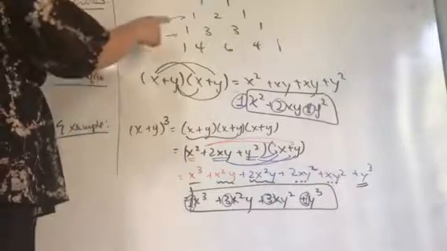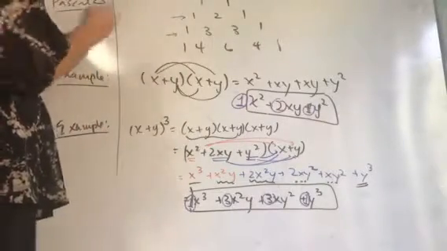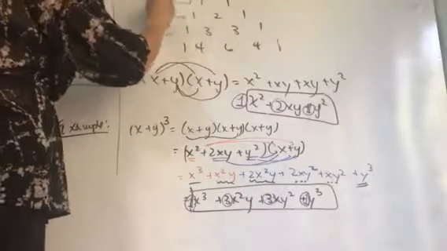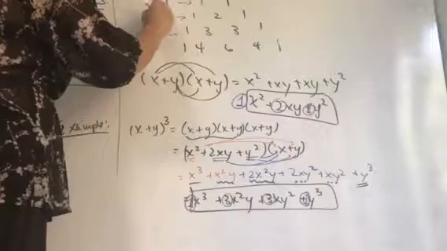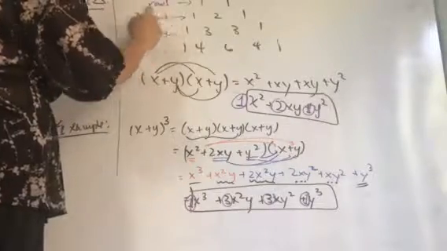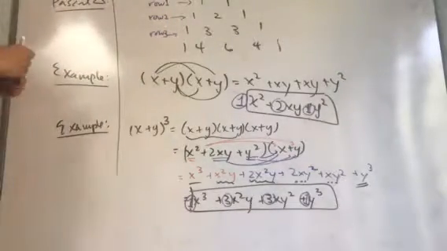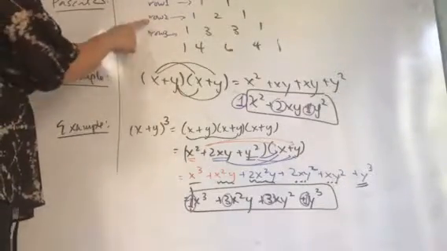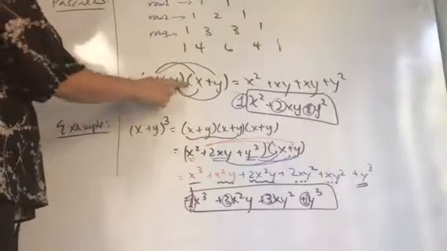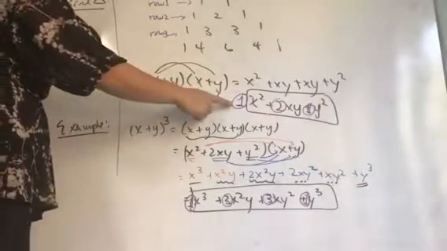And I'll tell you, usually when we talk about the rows, we call this row 0, row 1, row 2, and row 3. So one of the patterns that occurs is that the row number matches the degree. In this case it's (x plus y) squared, the coefficients are going to be 1, 2, 1.